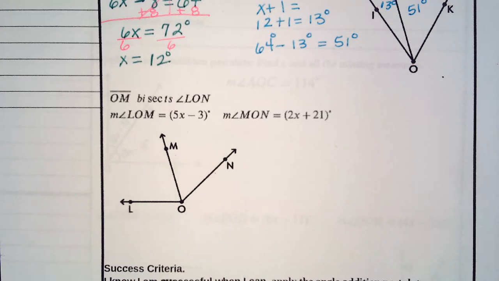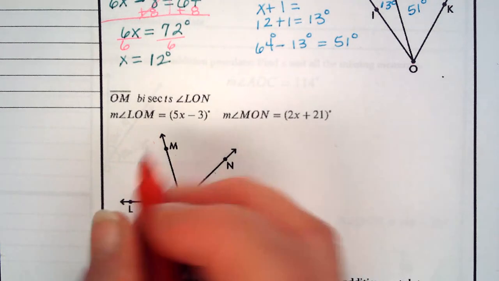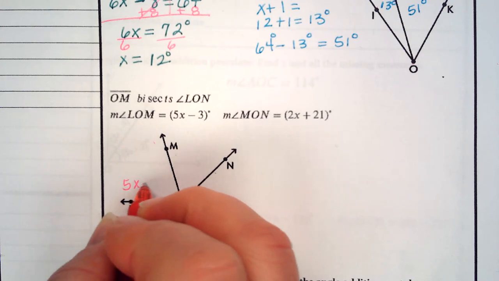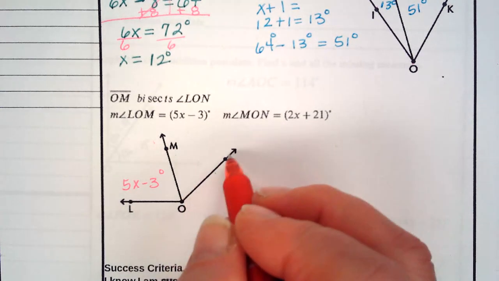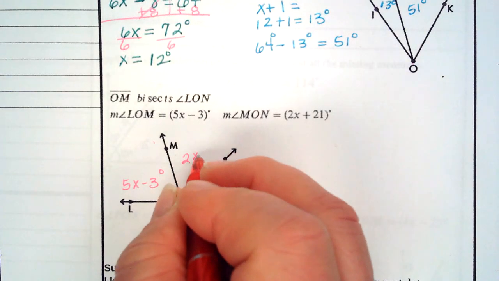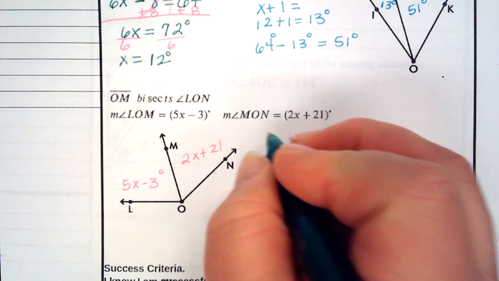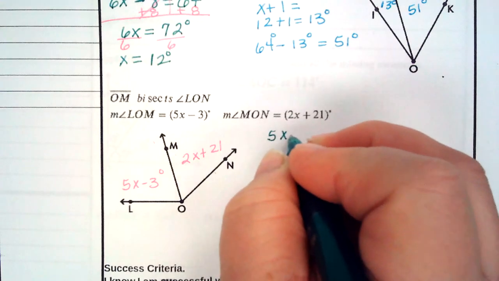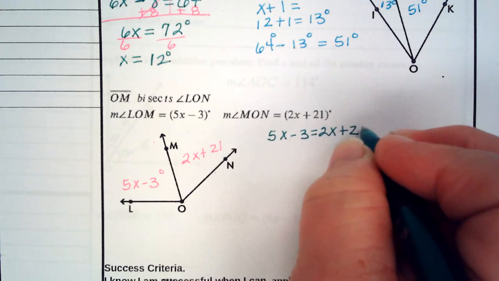So if I'm looking at the measure of LOM, this is 5x minus 3 degrees. MON is 2x plus 21. And if it bisects, that means they are equal. So I can set it up: 5x minus 3 is equal to 2x plus 21.